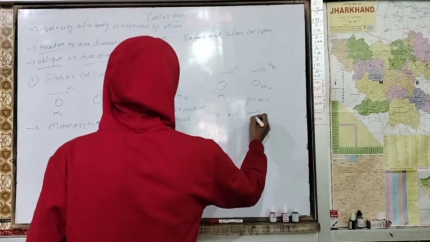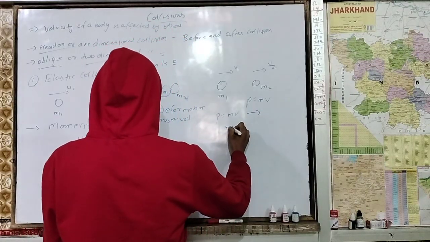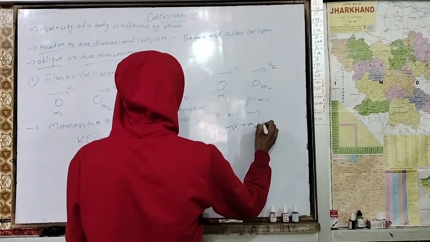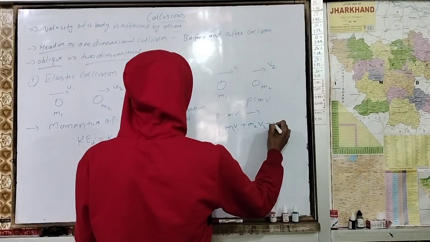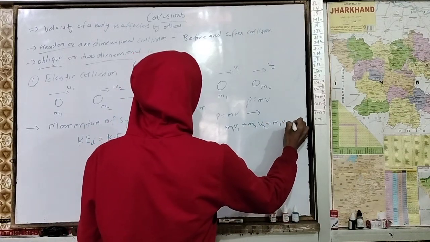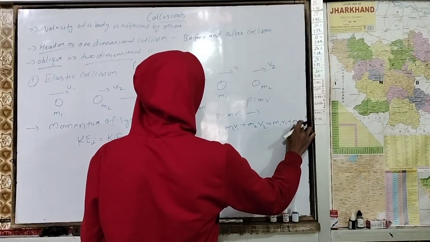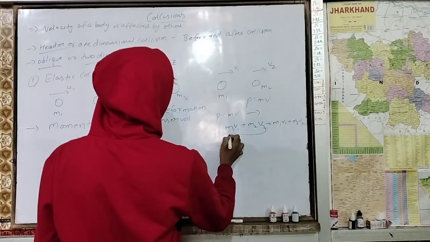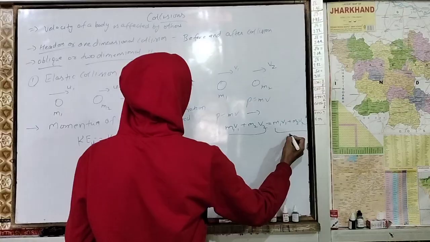So for this we have m1 v1 plus m2 v2 is equal to m1 v1 plus m2 v2. This is before collision and this part is after collision. Clear?